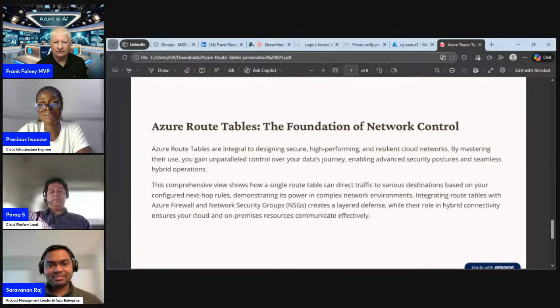This comprehensive explanation I've given so far, although it's on the basic level, shows how the route table can direct traffic to various destinations based on your configured next hop, demonstrating its power in complex network environments. Integrating route tables with Azure Firewall and network security groups creates a layered defense, while their role in hybrid connectivity ensures your cloud and on-premises resources communicate effectively.